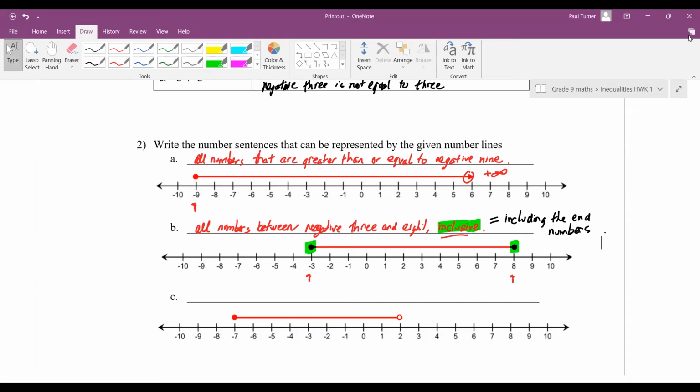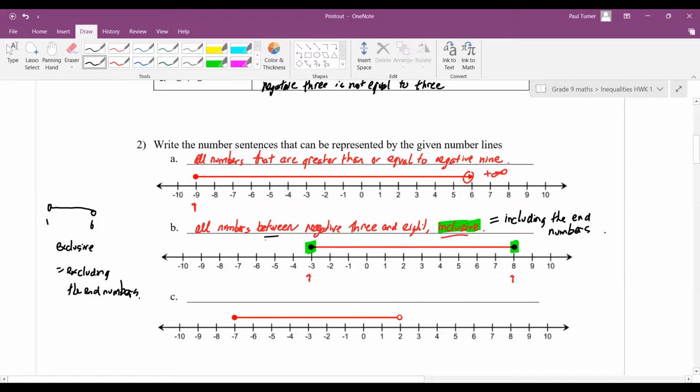Okay, if you don't include them, we would use the word exclusive. So if you have this situation, you could say between 1 and 6, but use the word exclusive, which is equivalent to excluding the end numbers. So this is a way that we can be precise in our terminology.